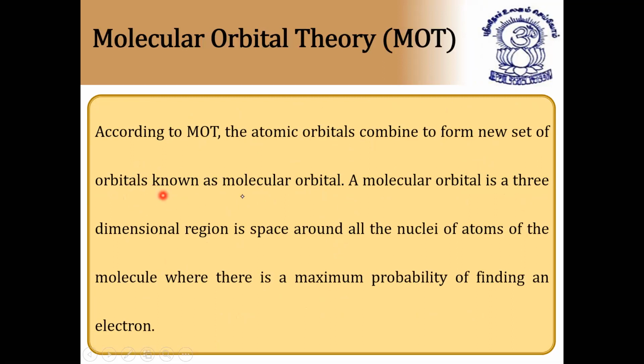Two atomic orbitals combine to form molecular orbitals. A molecular orbital is a three-dimensional region in space around all the nuclei of atoms of the molecule where there is maximum probability of finding an electron.